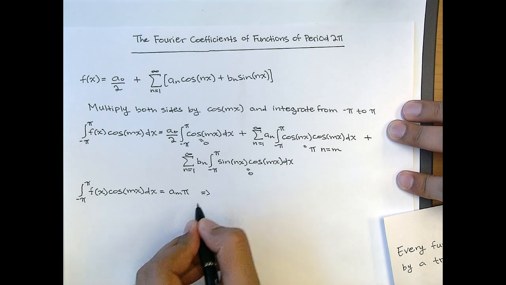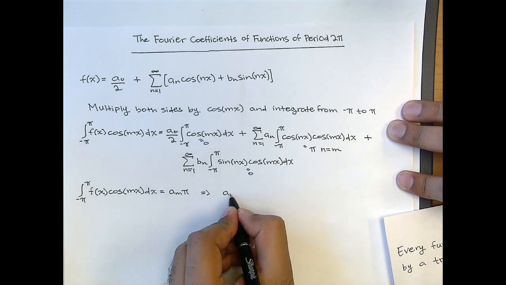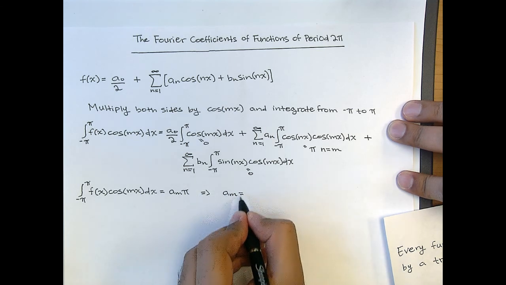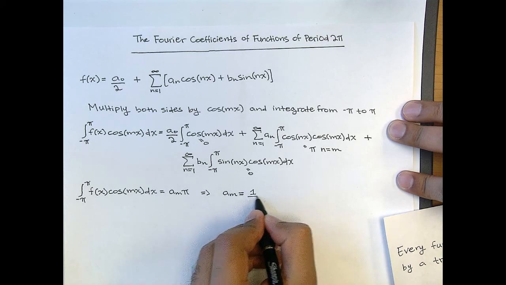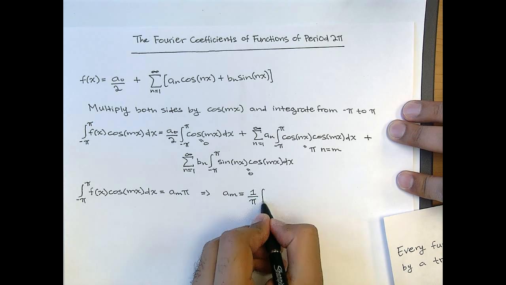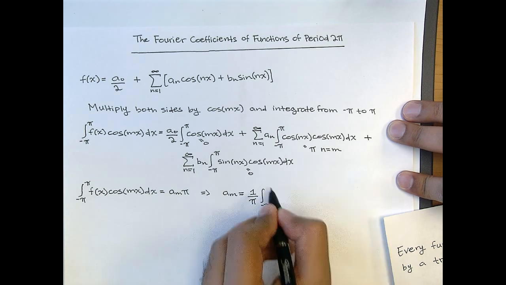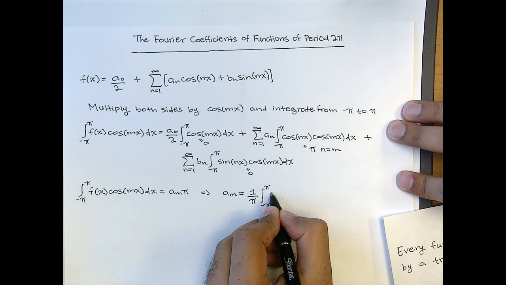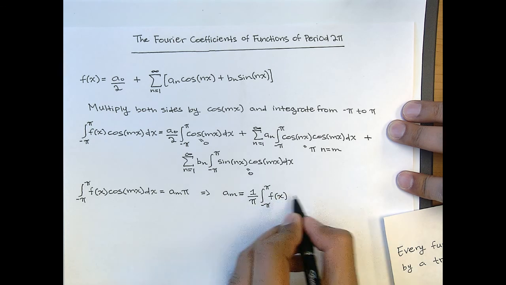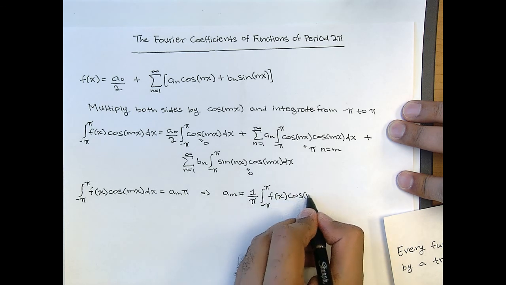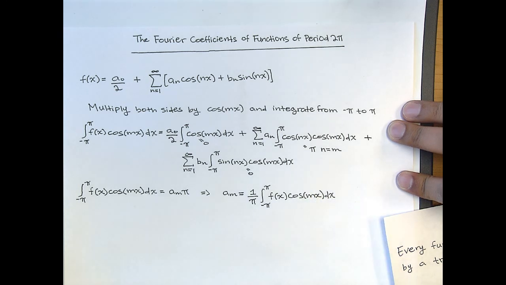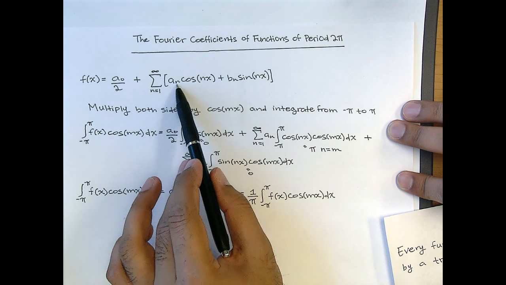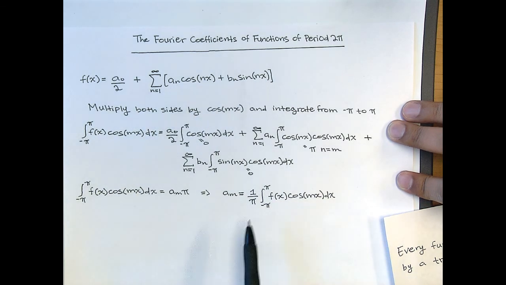So from here we can calculate a sub m, and this is just equal to 1 over pi times the integral from negative pi to pi of f of x cosine of mx dx. Now what we're looking for is a sub n, but here m is equal to n, so I can just write this as a sub n.